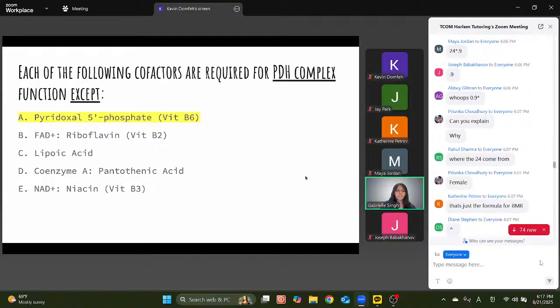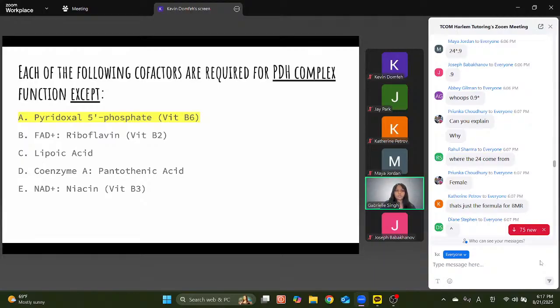Acetyl CoA. Well, there's CoA up there, pantothenic acid. I think somebody did say it. TPP. Yeah. So it's thiamine that's missing, which is vitamin B1.